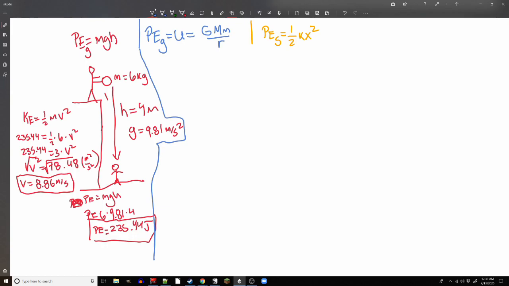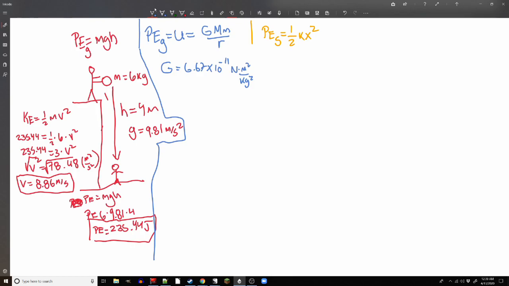Let's do something with how much gravitational potential energy does the moon have? And I'm going to have to look up the mass of the moon in a second. But we know big G is 6.67 times 10 to the negative 11 newtons times meters squared over kilograms squared.